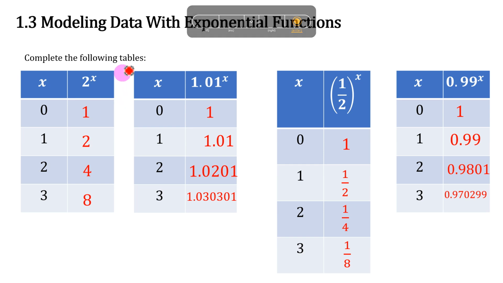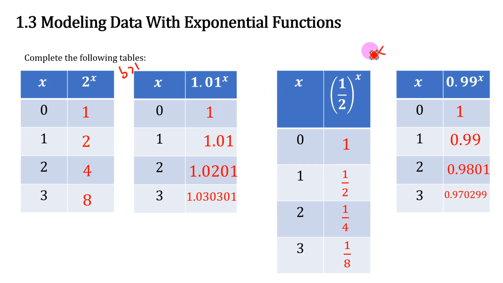So basically here, b is greater than 1, and as x increases, y is increasing. Not by much, but it's increasing. Okay? Over here, b is between 0 and 1, so 0 is less than b and b is less than 1.